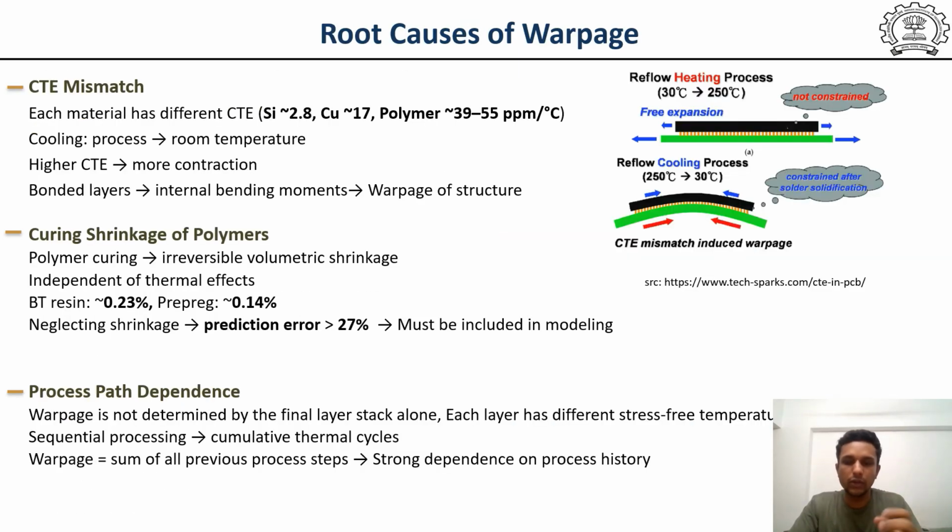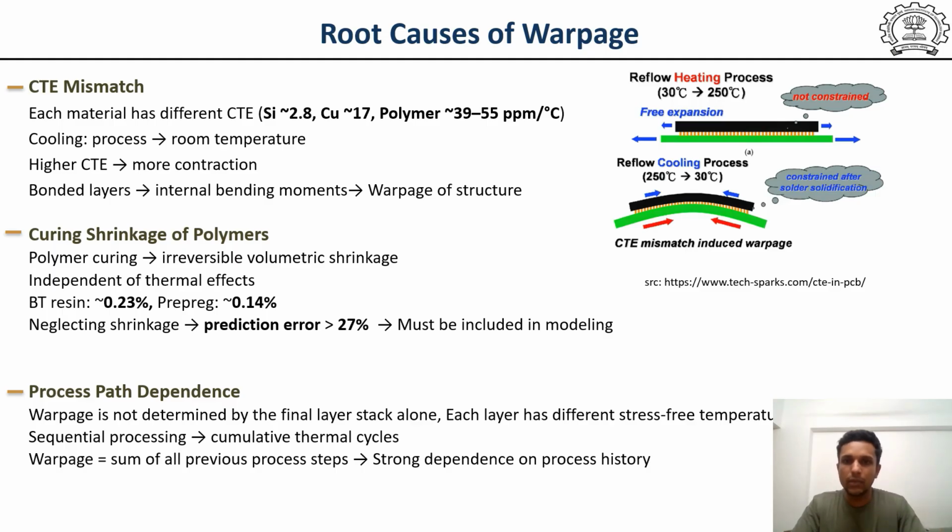So, when we look at the root causes for the warpage, CTE mismatch is the primary and most important reason, because every material in the package stack has a distinct coefficient of thermal expansion, which, as given in the slide, silicon has around 2.8, copper has around 17, and polymer has around 39 to 55 parts per million per degree Celsius.